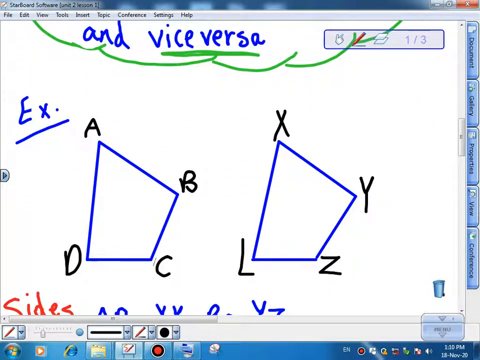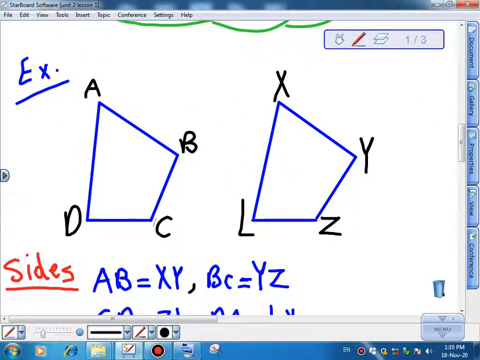If I have this polygon ABCD and another one XYZL, and I take the first side AB, the corresponding side in the other polygon will be XY. So side AB equals side XY.